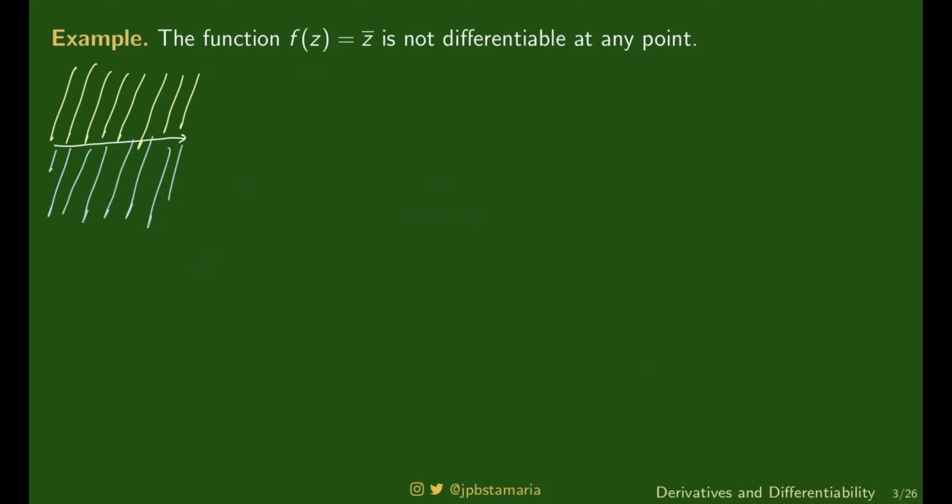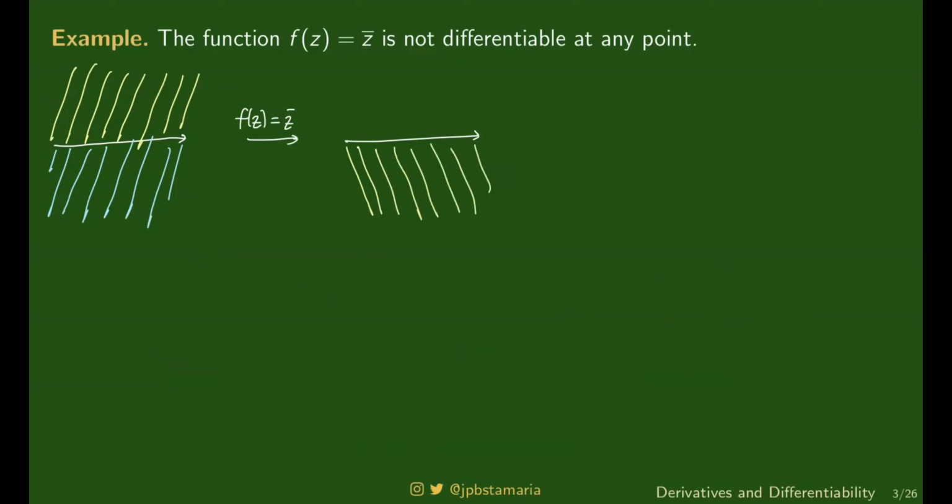Pag si f of z, si z bar, in-apply ko dyan sa plane na yan, ang kanyang image ay yung real axis hindi magbabago kasi ang conjugate ng mga reals ay sarili nila, di ba? Pero this time, yung mga yellow lines na yan will be transformed here.